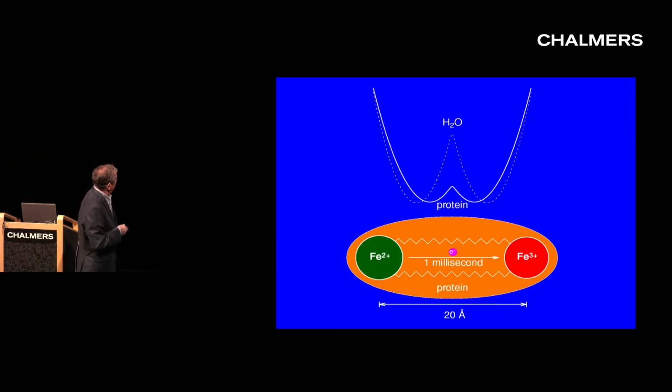You would in fact drop the barrier for reorganization, because now there's nothing to reorganize in a hydrophobic cavity. Drop it tremendously, to the point where electrons could flow out very rapidly.